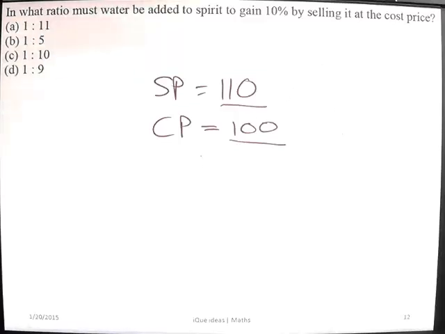Which means when I am actually selling it at rupees 110, my cost price is actually only 100, which means I am professing that I am selling you exactly worth 110, but I am actually selling you worth only 100, which means 1/10 of the entire quantity of my cost is purely water, which means I need to add 1 water to every 10 units of milk, so that 1/10 is what I earn, and that is your answer.